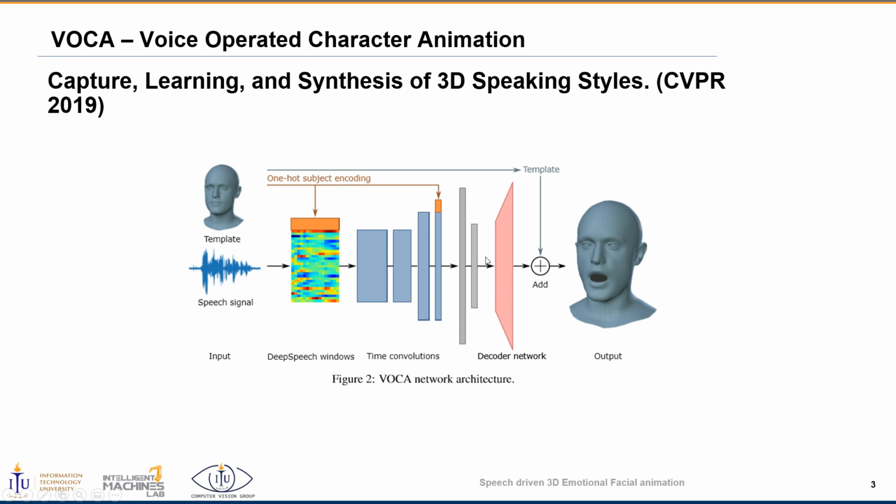There are some dense layers, and then there is a decoder, and then there is a template mesh, which is basically 5023 vertices in 3D space, and it outputs 5023 vertices in 3D space, and we add them both and we get the output.